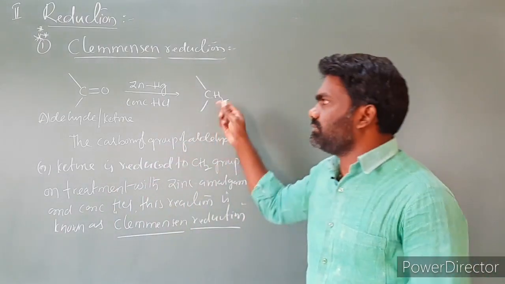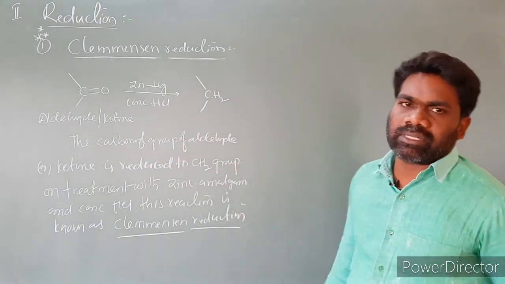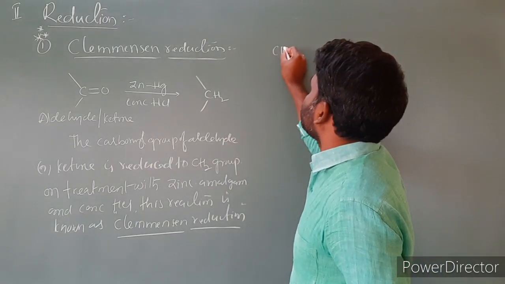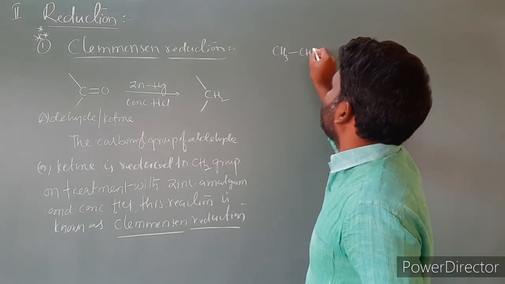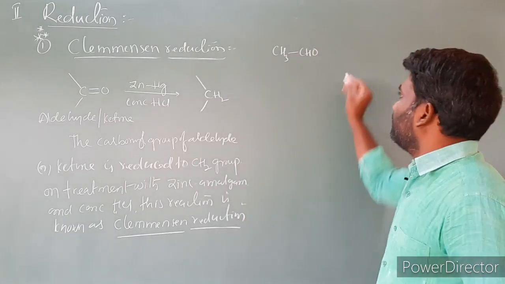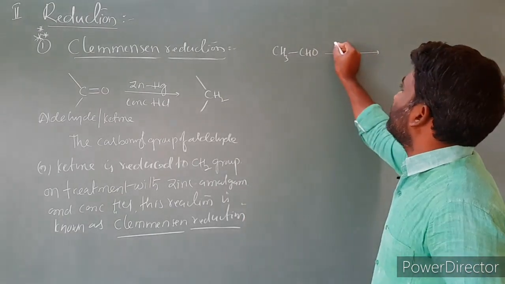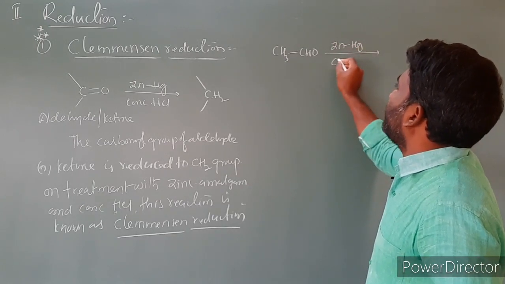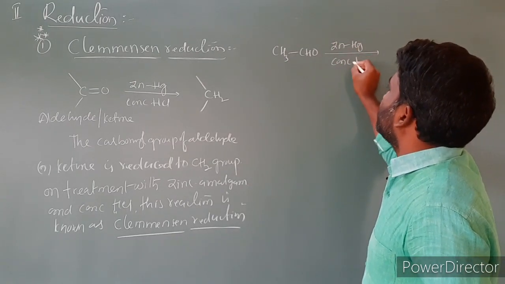Now let us take some general examples for the Clemmensen reduction. I am taking CH3CHO. This one I am treating with zinc amalgam, ZnHg, followed by concentrated HCl.